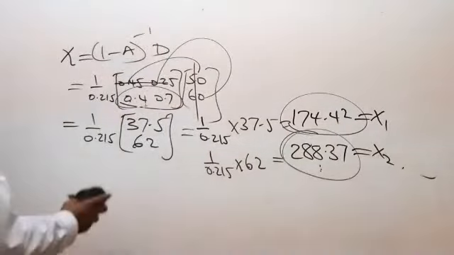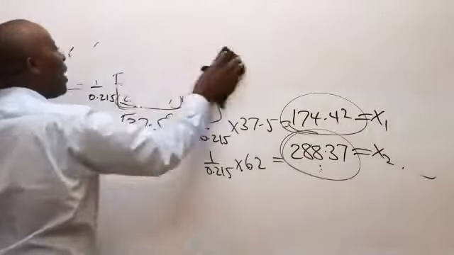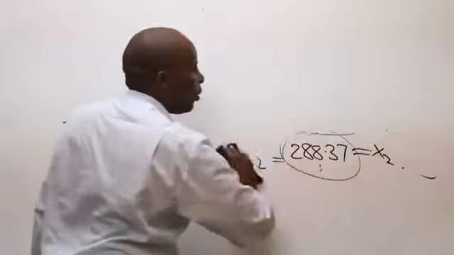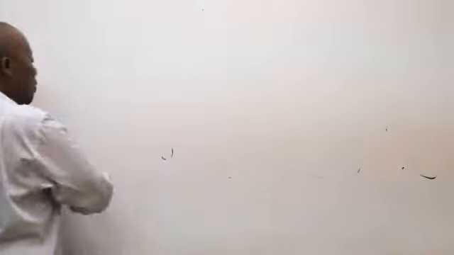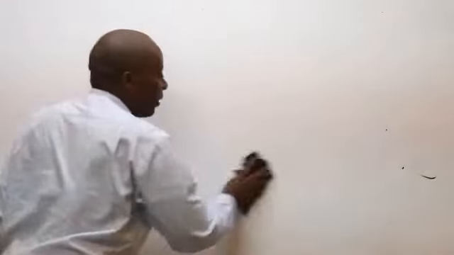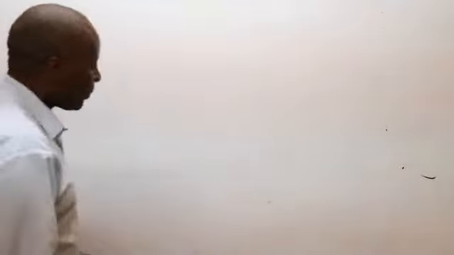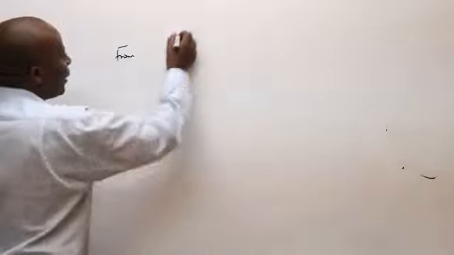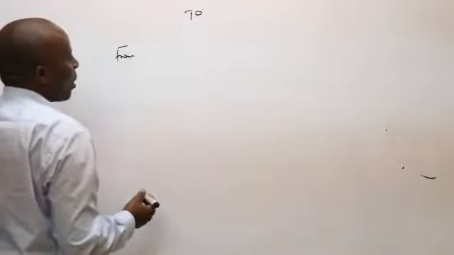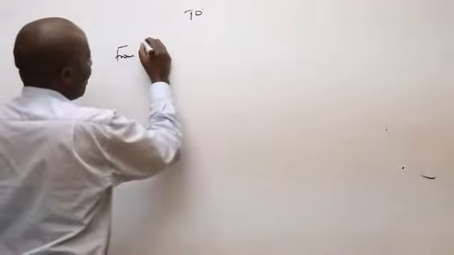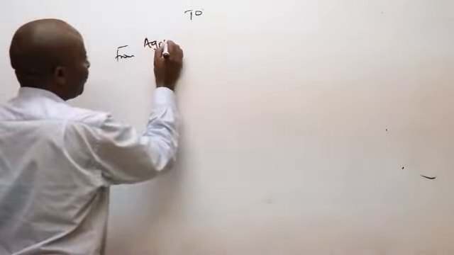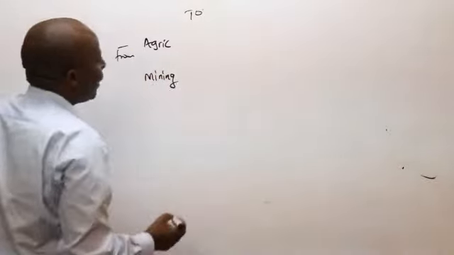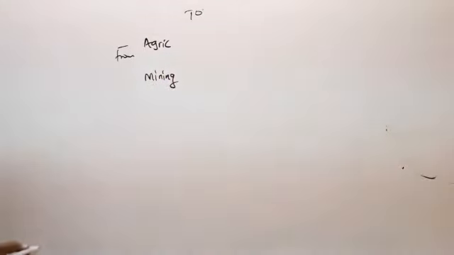Now, ladies and gentlemen, listen. Your examiner will never give you A directly like that. What your examiner will do is come and give you this kind of question. We have two sectors: agriculture and mining.